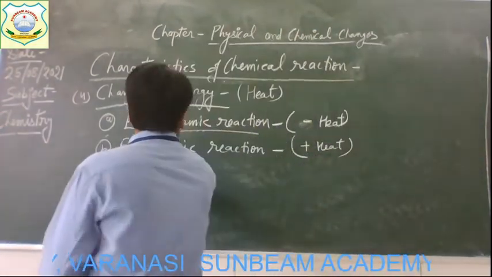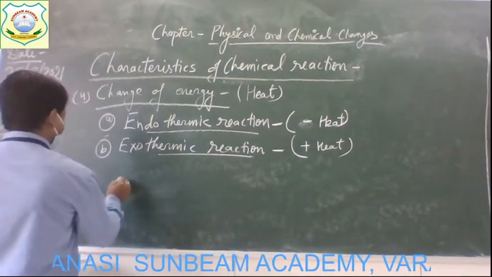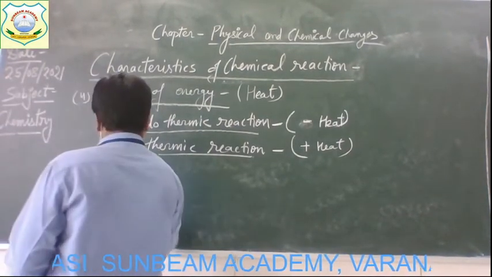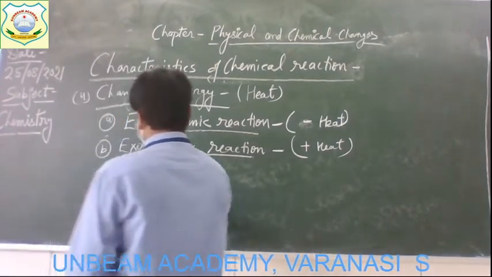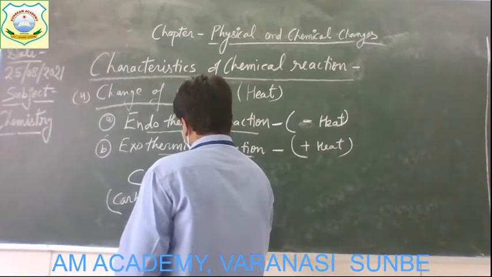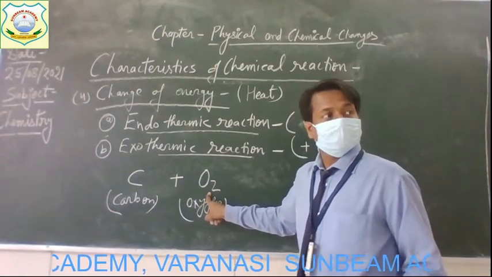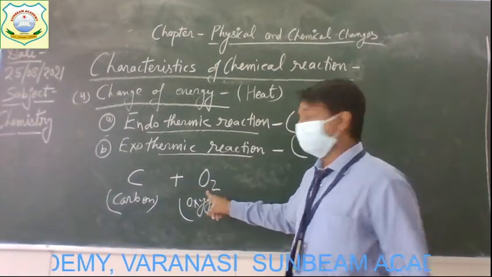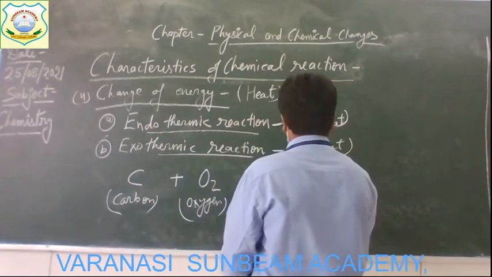And the example of this reaction is carbon. C is the symbol of carbon. Carbon is going to react with oxygen. So O2 is the formula of oxygen. Well, they both will react together. They form a gas.